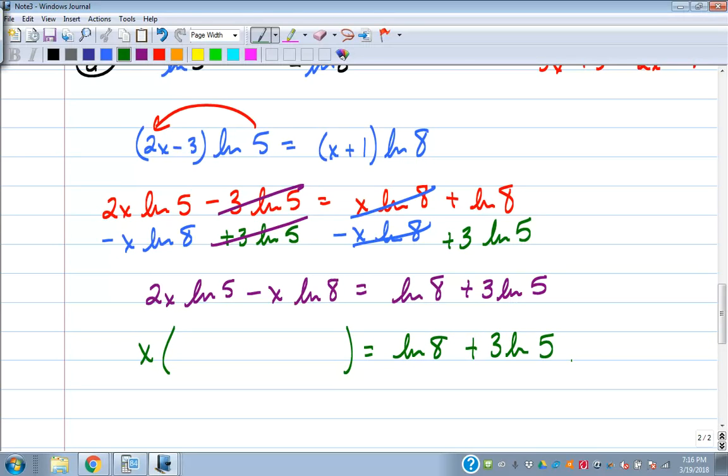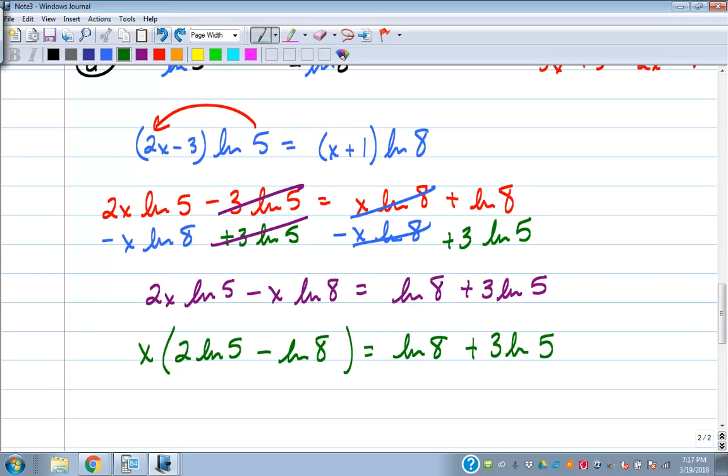I'm just copying it down. What's left inside those parentheses if I pull the x off of both of those? Agree with that part. 2 natural log of 5, because this 2 that's right here is still there. I didn't pull a 2 out. I just pulled the x off of it.